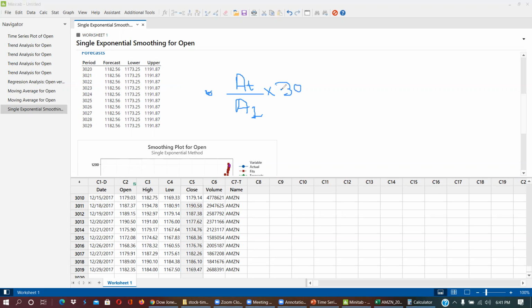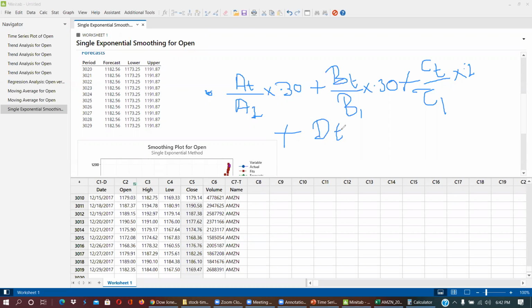So 0.30 plus VT divided by V1, the value today and the value on the first day, when the IPO happened or when it was included in this Dow Jones index, multiplied by, let's say this also has 30% weight, plus the current price of C over the first day price, and let's say it has 20%, multiplied by 20%, plus DT divided by D1, multiplied by, let's say it has 10%, and ET over E1, today over day one.